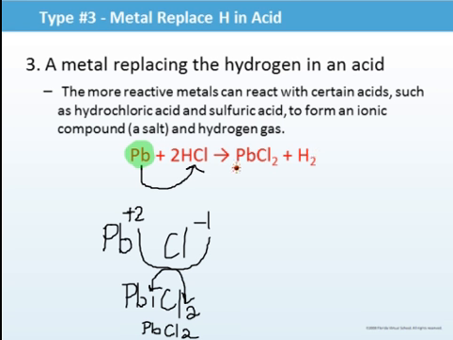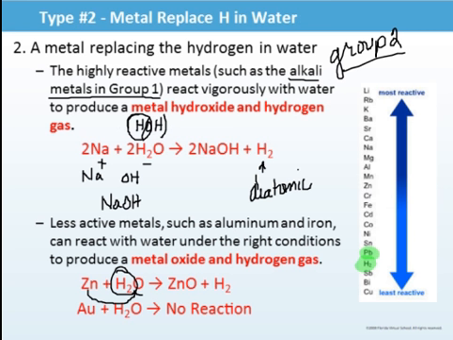Notice that even though this is type number 3, we worked through it the exact same way. So far, really the only thing that's special is when one of the lower metals reacts with water.